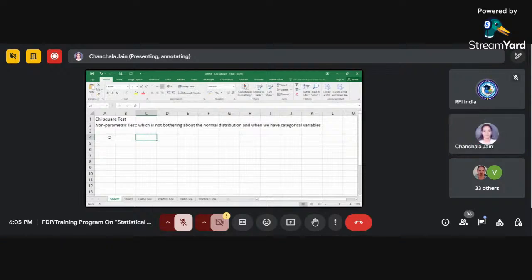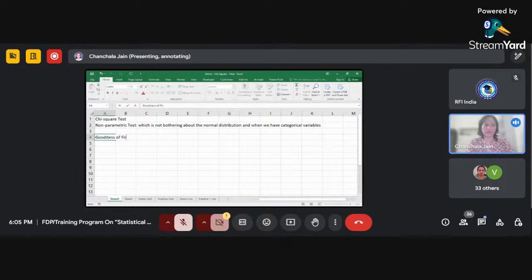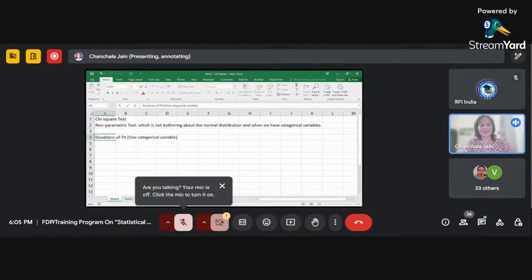Fine. Now, when I say chi-square test, there are two types of chi-square test. The first one is known as the goodness of fit chi-square test, right? Generally, in this chi-square test, we will be having one categorical variable. The second one is the independence of attributes or test of association, in which we are having two categorical variables, right?